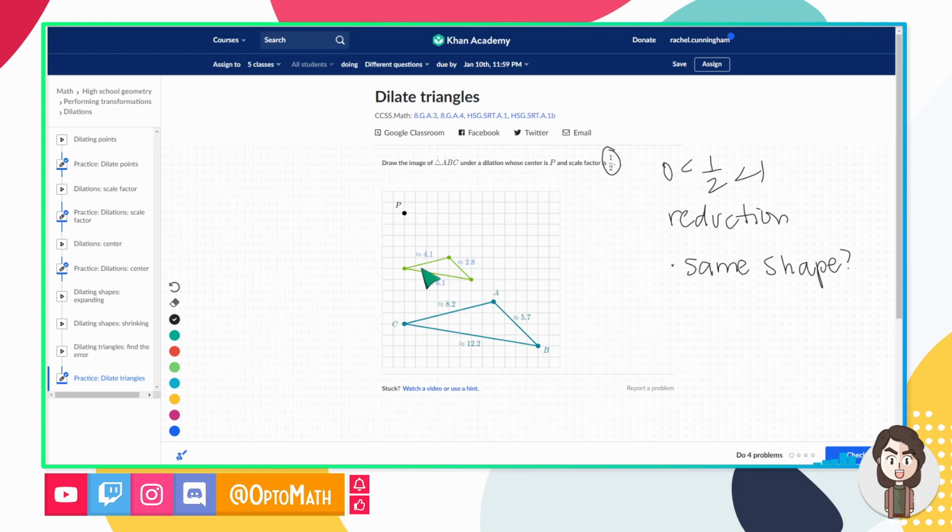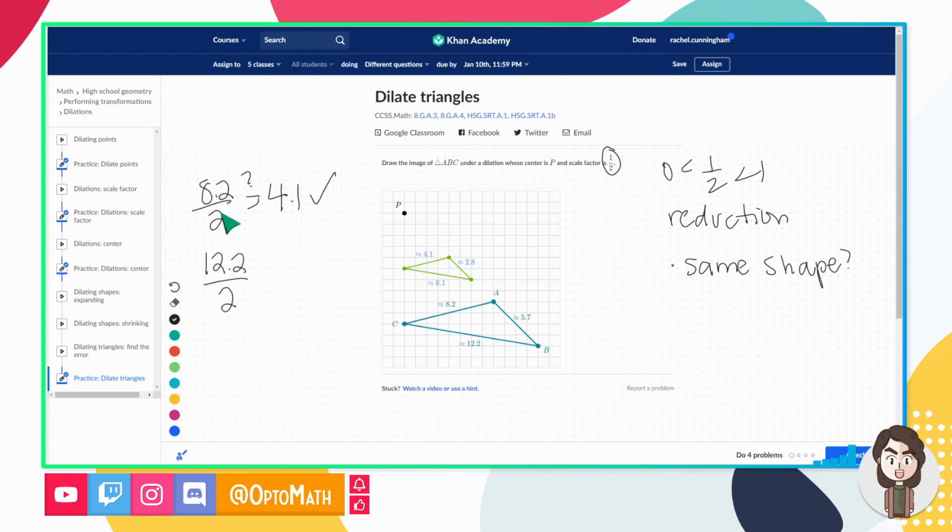You could also definitely check, and I would do this if you're unsure, the side lengths. So we have 8.2, and if we divide it by 2, we should get 4.1 if we've done it correctly. And we do, so that one's good. 12.2 divided by 2.